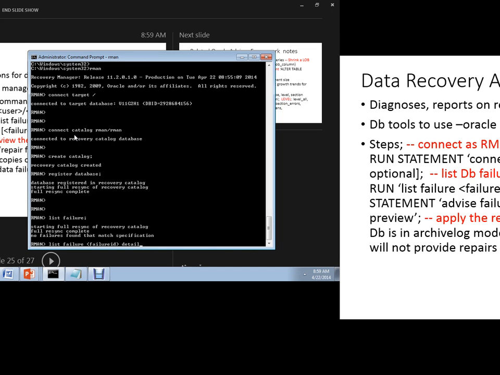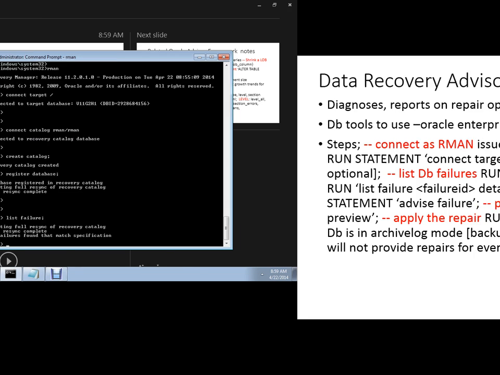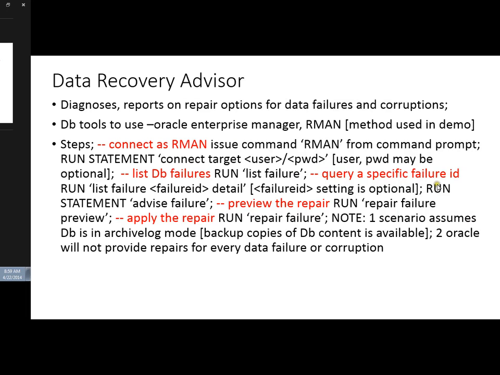That's if you want to query a specific failure to get more details on a particular failure. Then after you see the failure, you can make a request to Oracle to see if RMAN will be able to fix it.